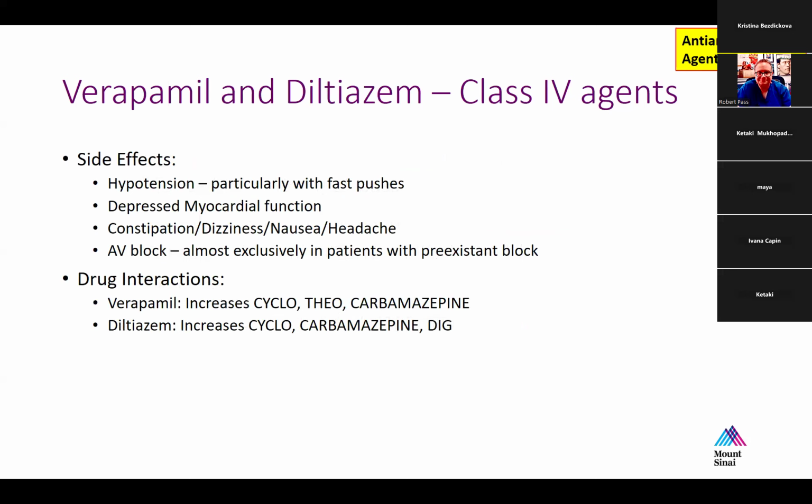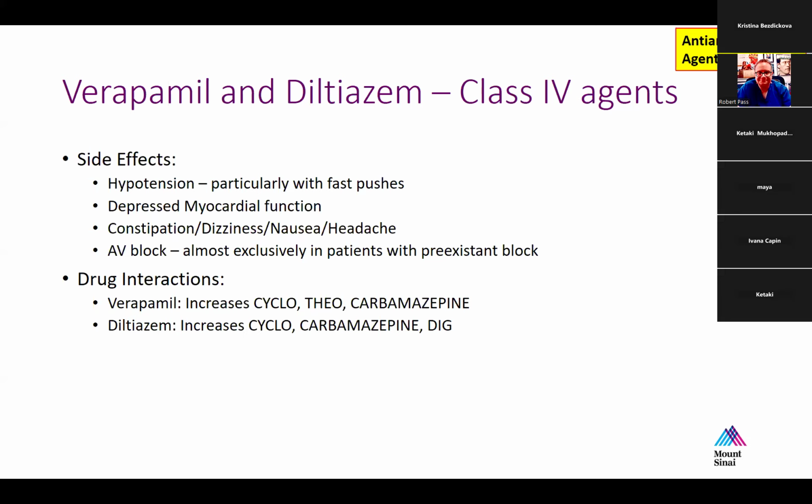Hypotension is one of the most important side effects of these agents, particularly with verapamil. Usually we dilute it with a lot of saline and try to give it slowly, but it almost always causes some degree of hypotension.